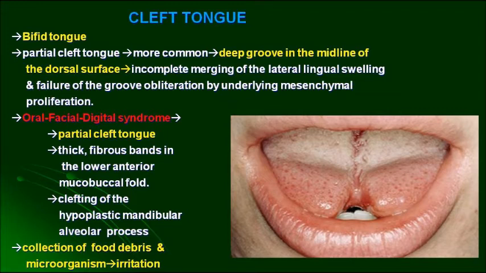Orofacial digital syndrome. So what is the clinical significance? There will be a partial clefting of the tongue and within the cleft you can see collection of food debris, okay, and because of the collection of food debris there will be irritation as well as microorganism growth, and infection will happen, okay.